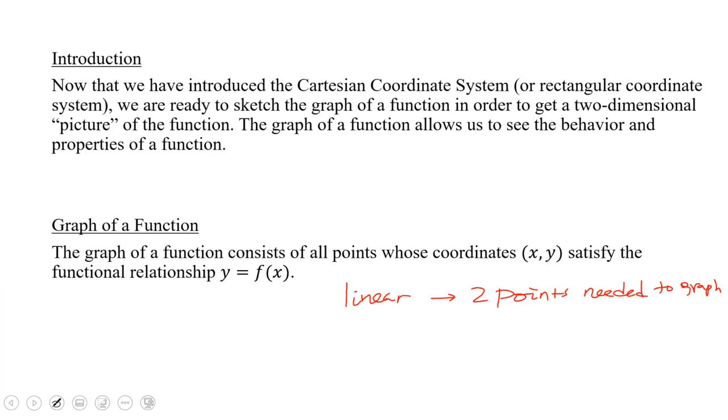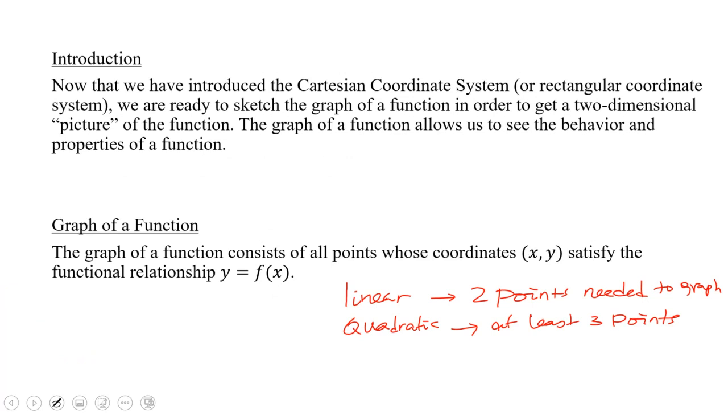For a quadratic function or any curved function, you need at least 3 points. First we'll see how to graph a linear function, then we'll see how to graph a quadratic function by plotting points.